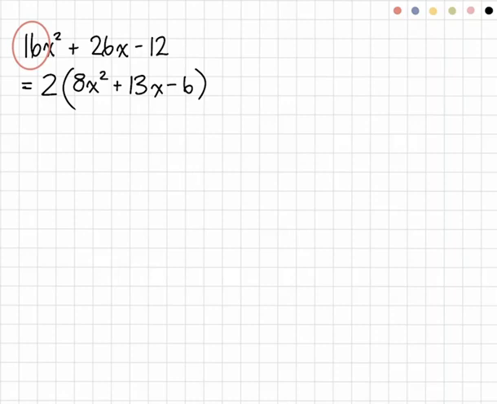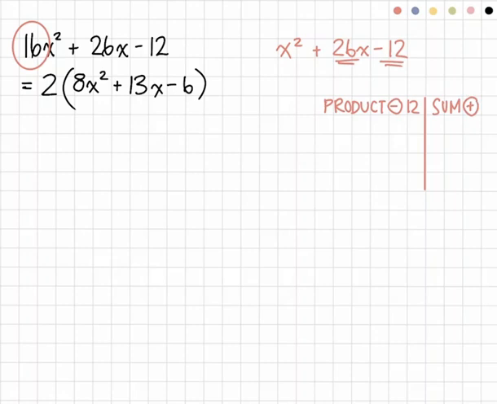Yesterday when we were working, it just looked like this. Right? And what I was doing was finding the product of negative 12, and I was finding the sum of positive 26, right?